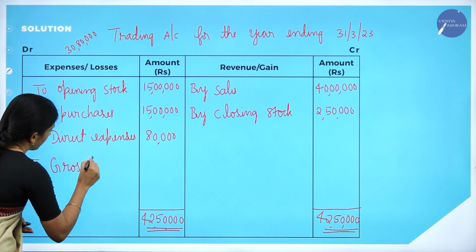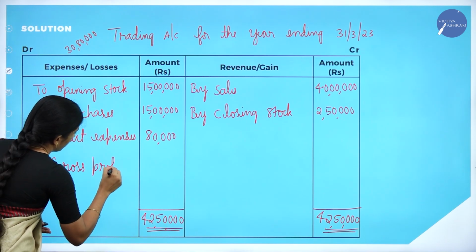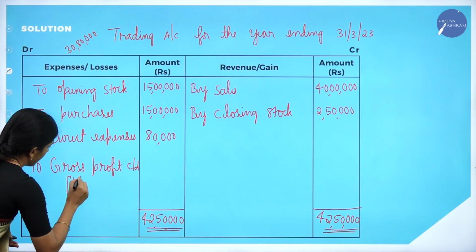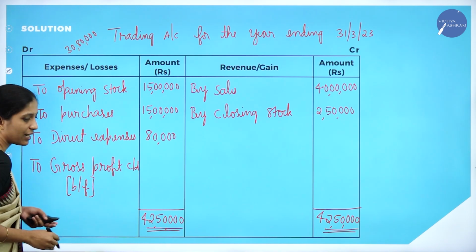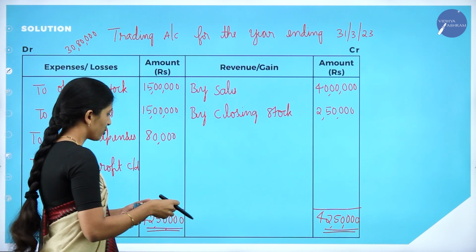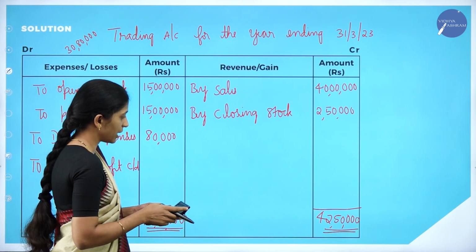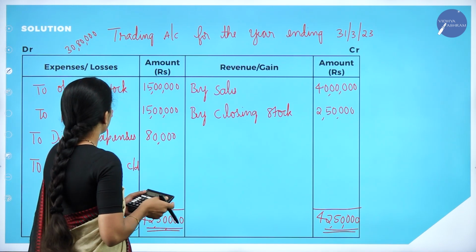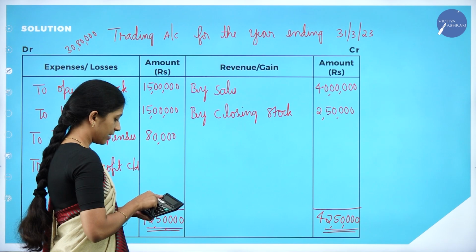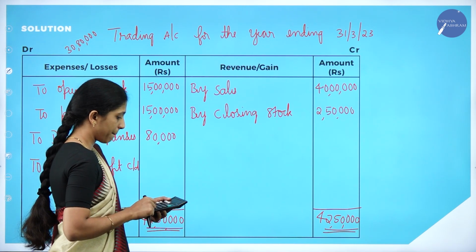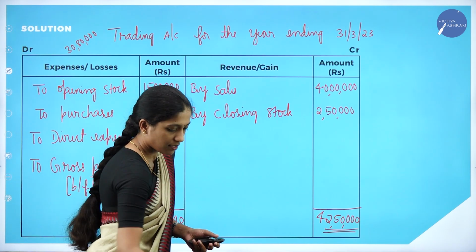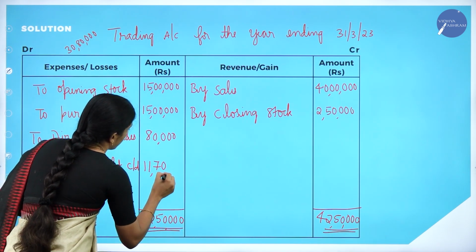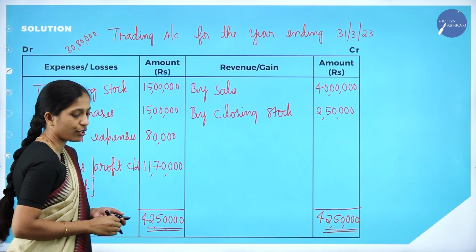So your balancing figure is to gross profit carried down, and this is the balancing figure. So we shall find out what the gross profit is. 42,50,000 minus 30,80,000, so you will get 11,70,000. 11,70,000 is the gross profit.